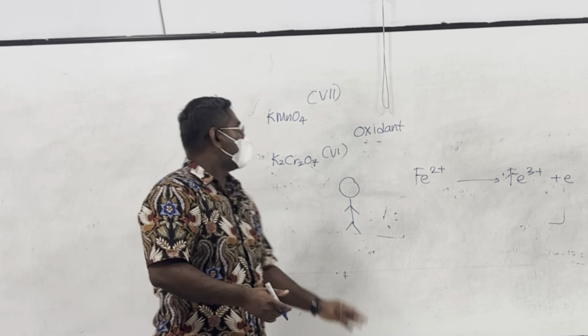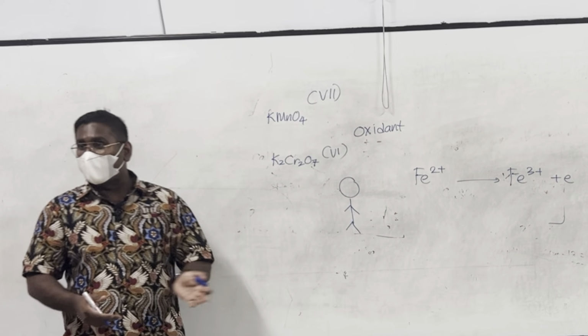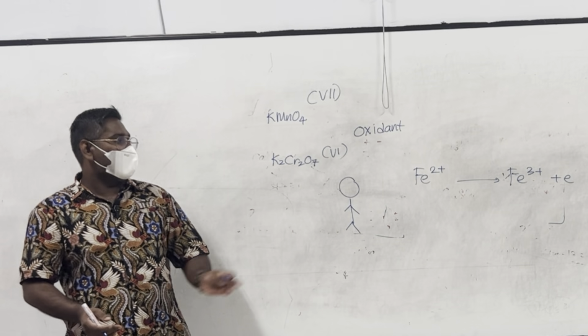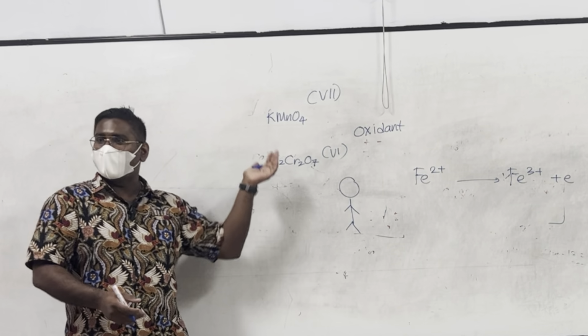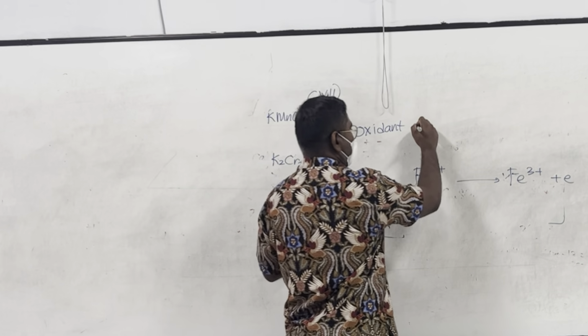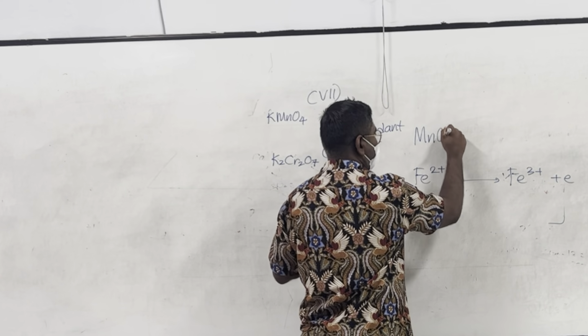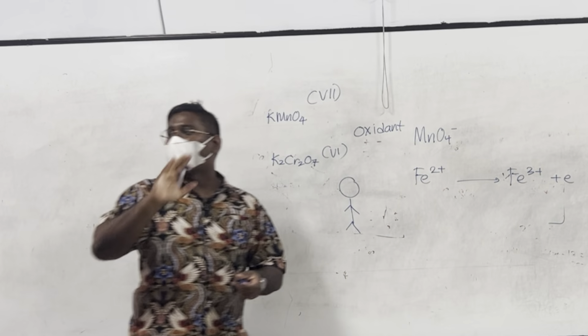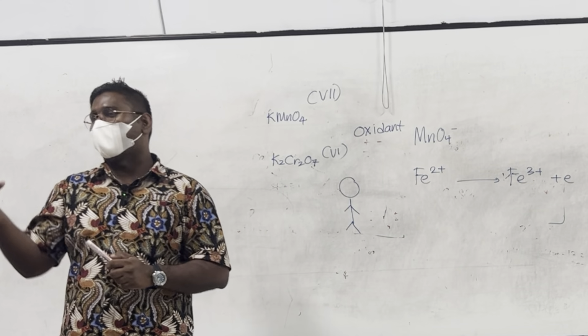And I told you these two are very good oxidizing agents. So let's say I use one of these, for example MnO4-. I don't use the K; K is a spectator ion.